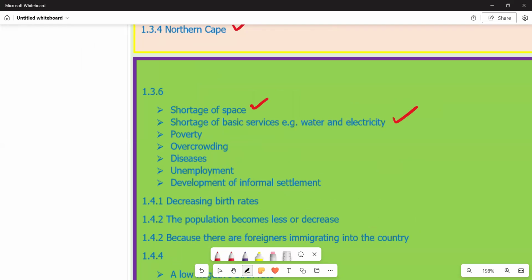Also we can have poverty, overcrowding, diseases, and unemployment. Many people are searching for jobs in a small area, so some are not going to find jobs, and unemployment can go up. Then we also have development of informal settlements. Very correct. So we can now move on to the next question.